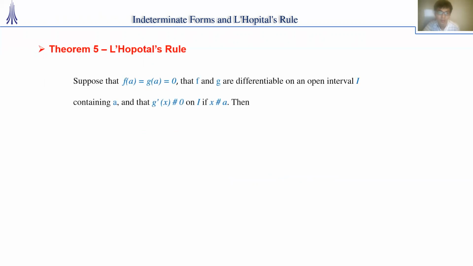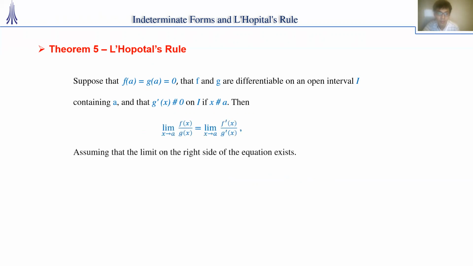So let's talk about Theorem 5, which is L'Hopital's rule. Suppose that f at a equals g at a equals 0, that f and g are differentiable on an open interval I containing a, and that g prime of x is different from 0 on I if x is different from a.